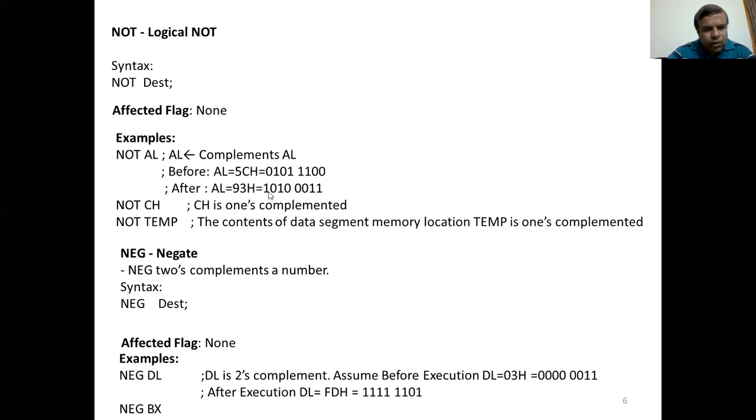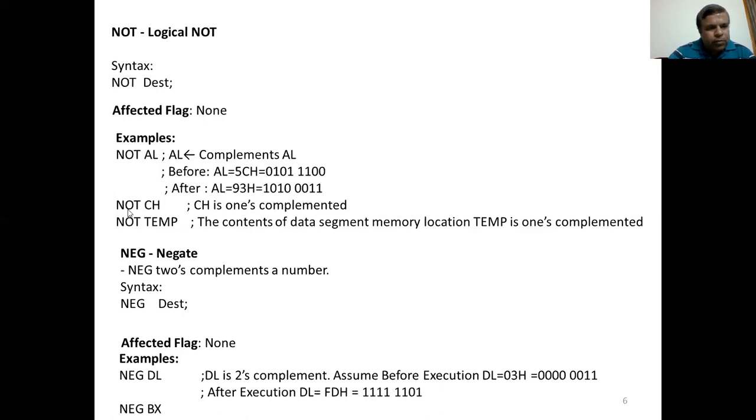So the result is 1010, which is A in hexa, and 0011 is 3. So the result is A3H, which is stored in the AL register after the execution of this instruction.